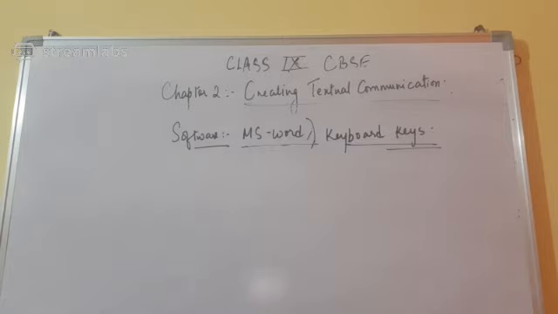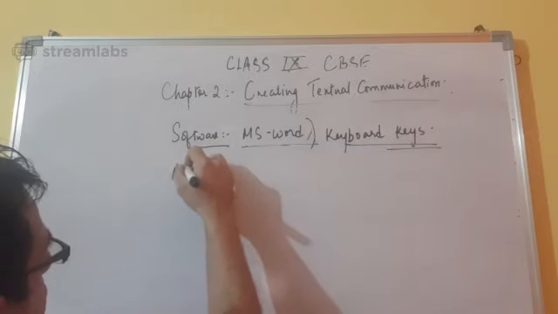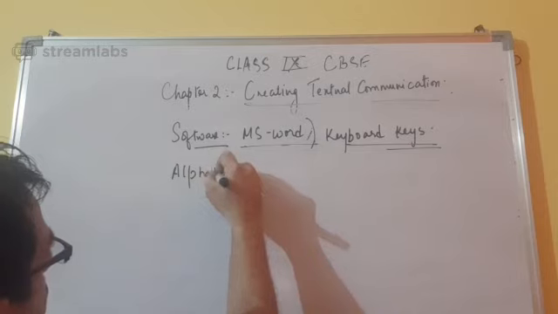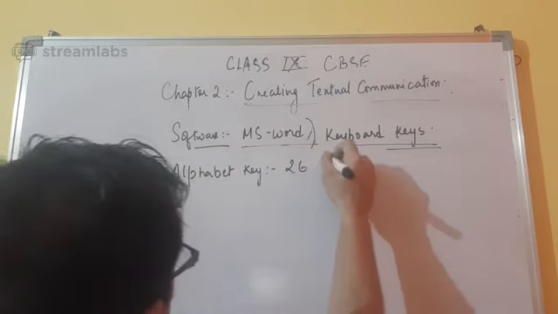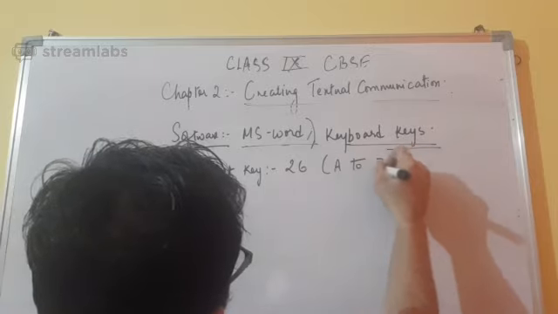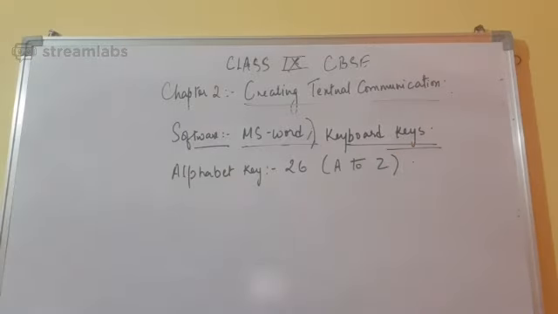When I am talking about keyboard keys, there are certain different categories of keys. The first category is alphabet keys. There are 26 of them, from A to Z. Now there are number keys.